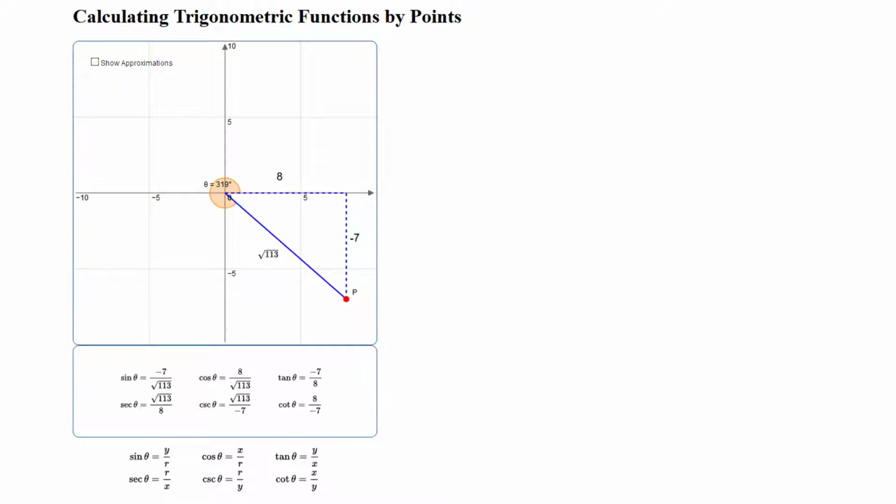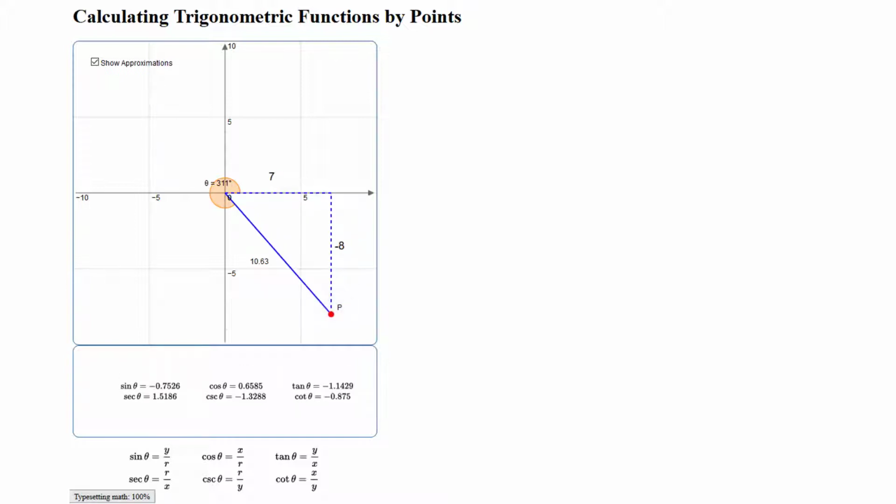You can also click this button that says to show approximations. And if you show approximations, then everything changes to decimal format. So if you'll notice, my R value, the distance from the point to the origin, is now in decimals.